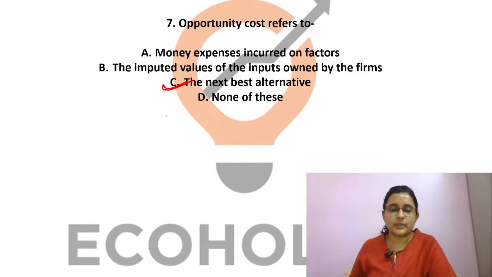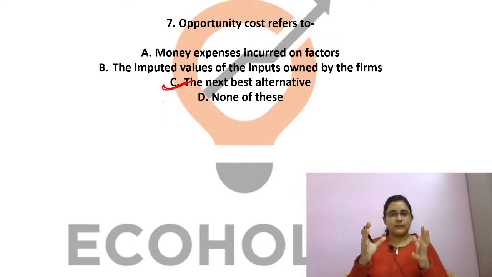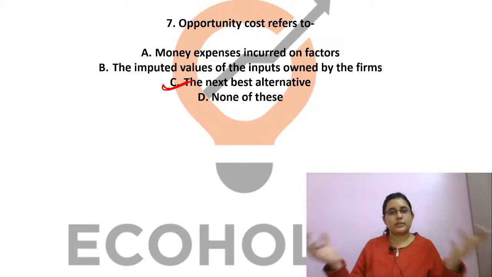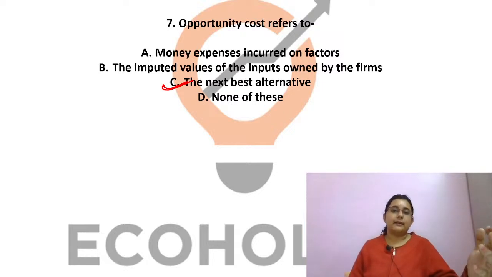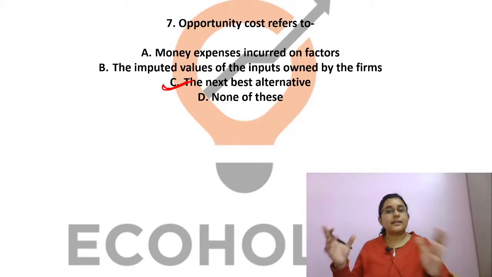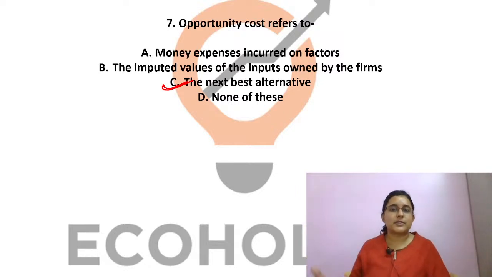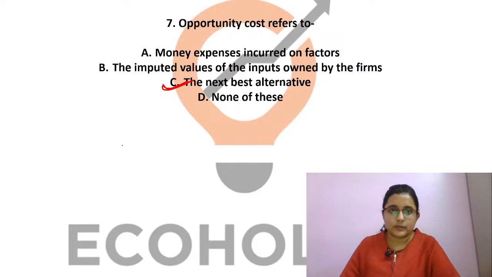Opportunity cost refers to the next best alternative. Suppose you have some factor of production. It can be used for producing two commodities. If you are producing commodity A, you are not producing commodity B. So that is your opportunity cost, the next best alternative that you are forgoing.